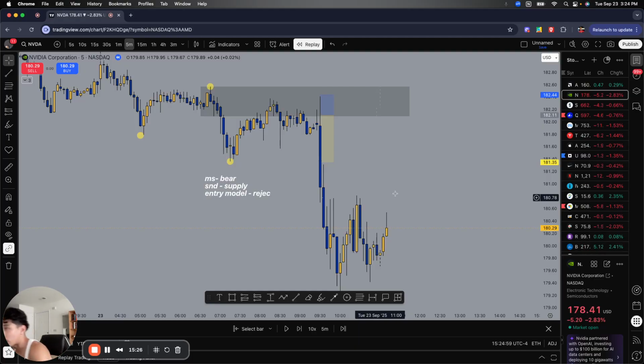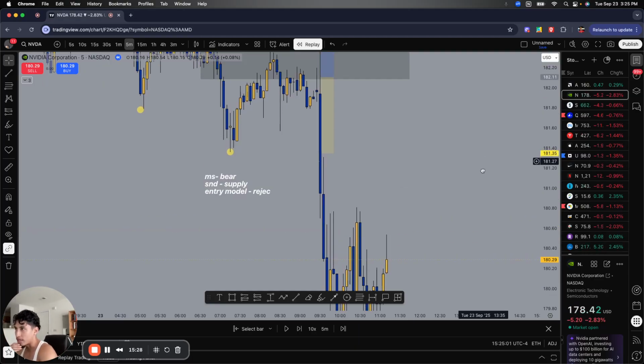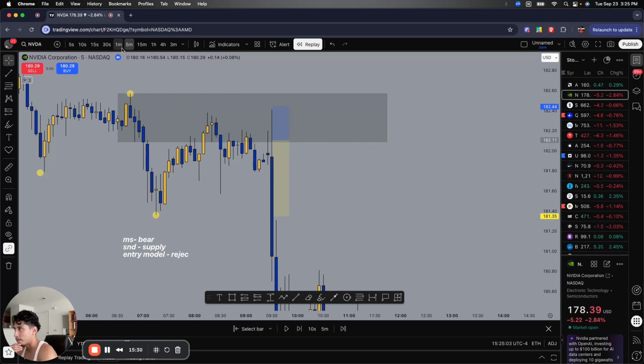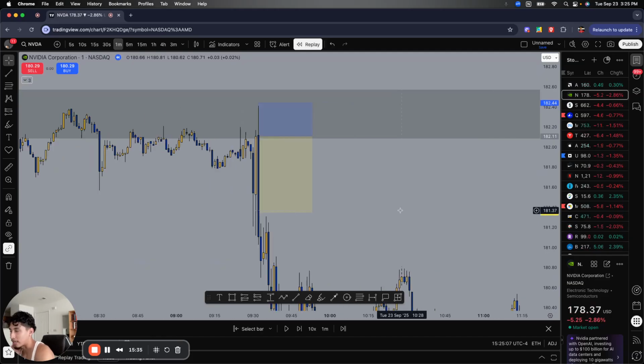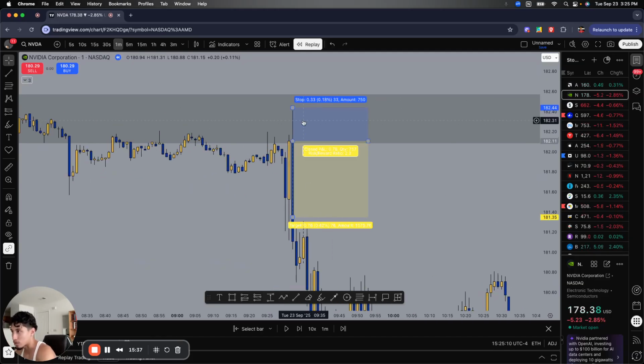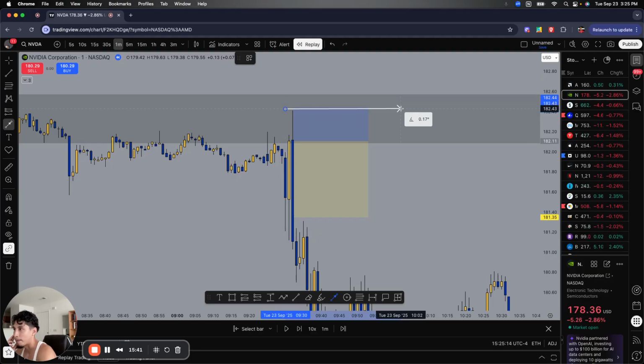And I'll show you right here. Let's say this is my zone, right? Let's say my stop loss is up here. This is my technical stop loss. Technically looking at this, my stop loss is up here, right?